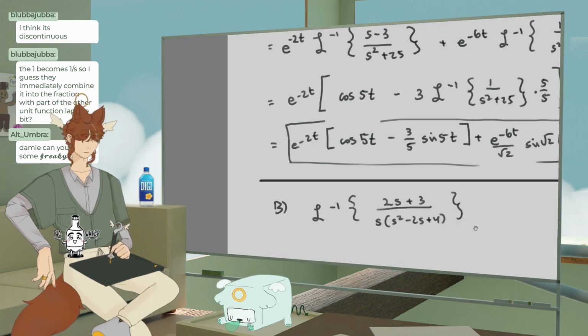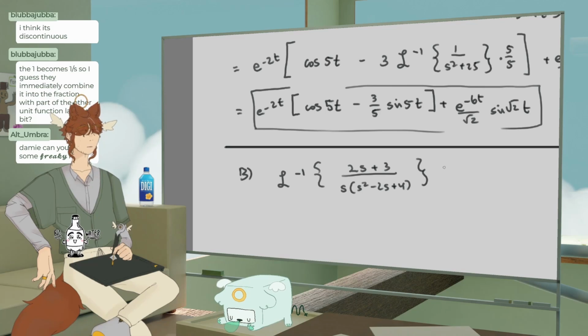Okay, what shall we think about first? What does this factor to? s squared minus 2s plus 4. Nothing, right? No? Wait, I'm lying. No, it's nothing, right? What is 2?